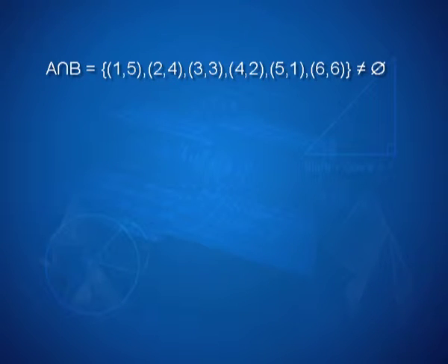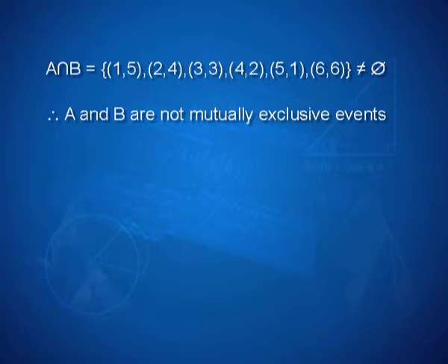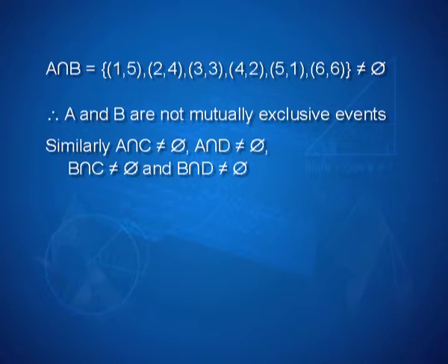We know that A intersection B is equal to {(1,5), (2,4), (3,3), (4,2), (5,1), (6,6)}, that is not equal to phi. Therefore, A and B are not mutually exclusive events. Similarly, A intersection C is not equal to phi. A intersection D is not equal to phi.